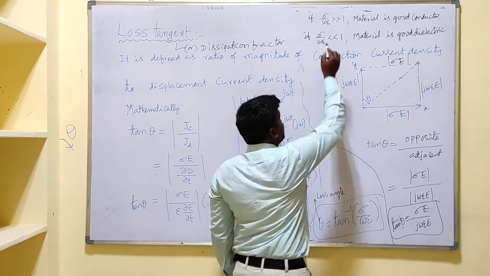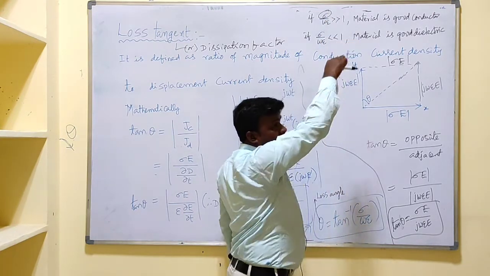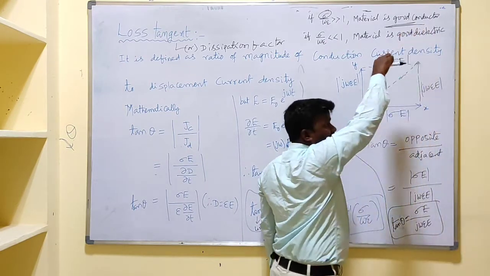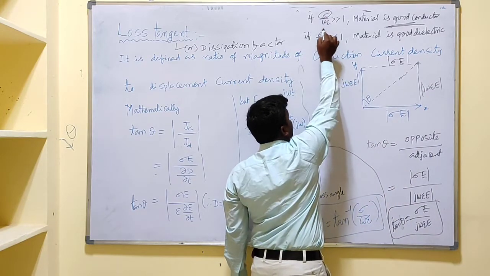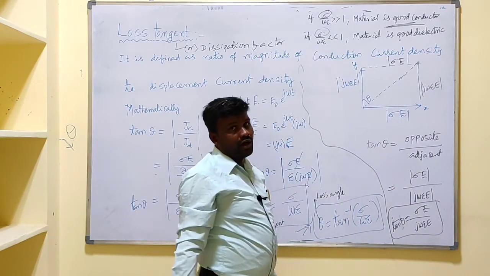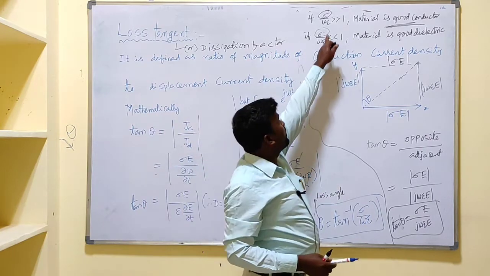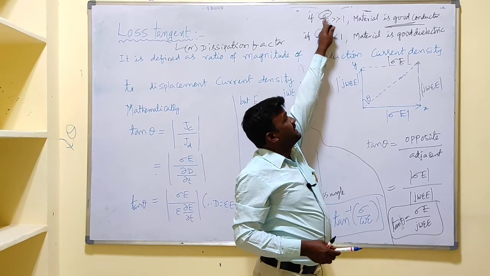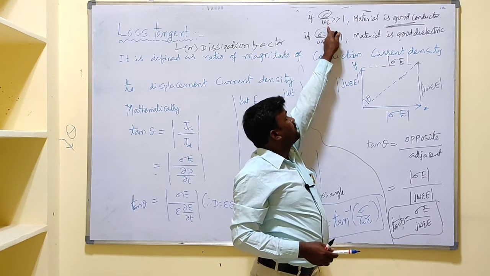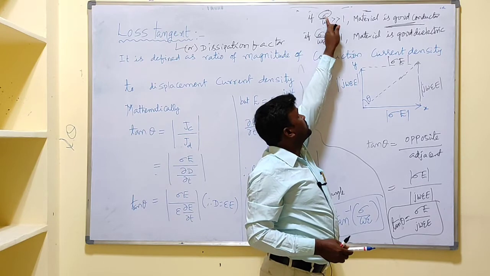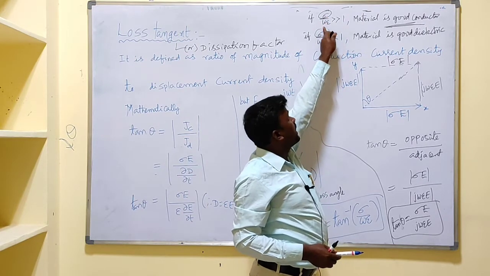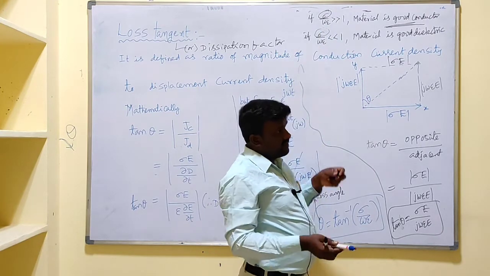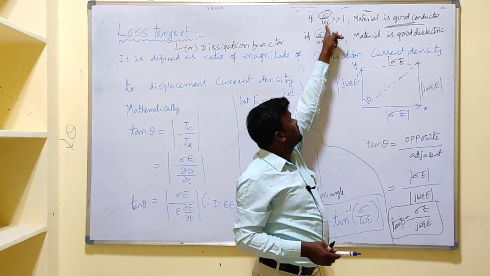In addition to conductivity, the nature of the material, the property of the material, does not depend only upon its conductivity; it also depends upon the operating frequency. For given values of sigma and epsilon, if you go for high frequencies, omega is in the denominator.